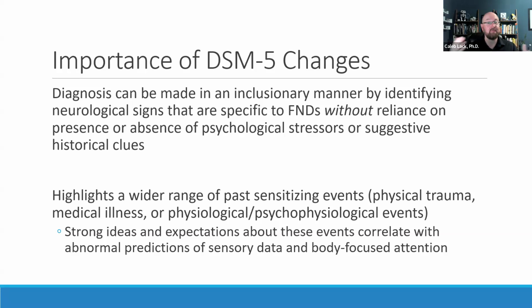You can diagnose this even if you don't know that. And that's not necessarily the case in prior versions of the DSM. So basically trying to say, hey, here are these neurological signs that are specific to this problem. And that's really what we want to focus on, those symptoms and those difficulties that people are experiencing.